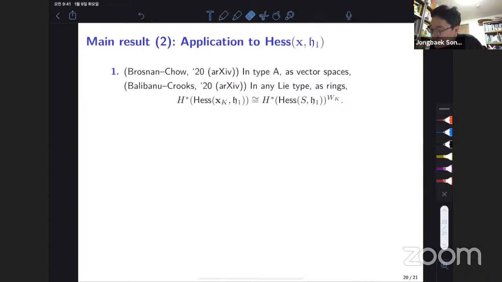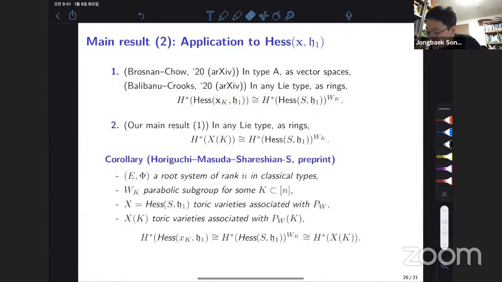Recently, Brosnan and Chow, and independently Lee, Bano and Crooks, showed that if you take a regular element in the same Hessenberg space, the cohomology is isomorphic to the ring of invariants with respect to a parabolic subgroup. Remember that our main result concerns the ring of invariants with respect to this parabolic subgroup on the cohomology of the semi-simple Hessenberg variety. If you take a regular semi-simple element and the particular Hessenberg function, this is going to be the permutohedral variety, or the toric variety corresponding to the weight polytope.